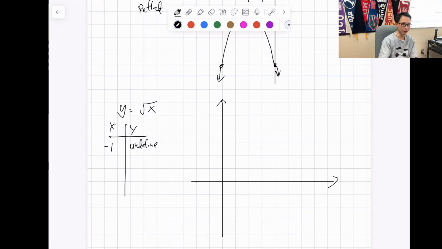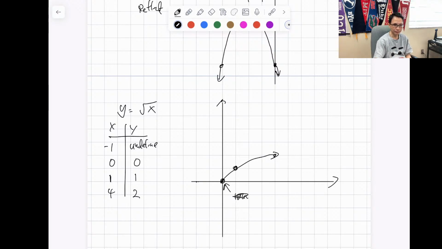It's not real, so you're not able to graph it. 0 gives you 0, so it's here. 1 gives you this. 4, a perfect square, gives 2. So it's like a sideways parabola, but only half, because it doesn't have a negative part. And this point is where the transformation is. Is that okay?